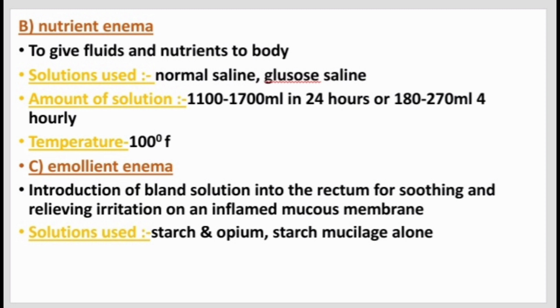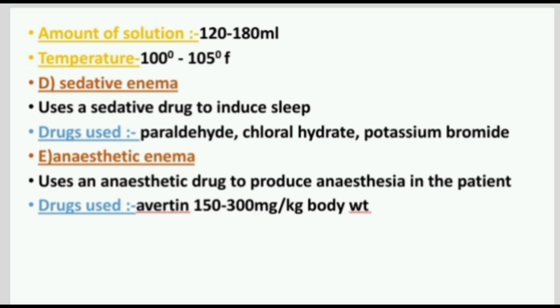Next is emollient enema. Introduction of bland solution into the rectum for soothing and relieving irritation on an inflamed mucous membrane. Solution used: starch and opium, starch mucilage alone. The amount of solution is 120 to 180 ml. Temperature of the solution is 100 degree to 105 degree Fahrenheit.